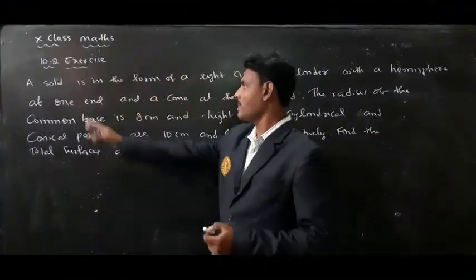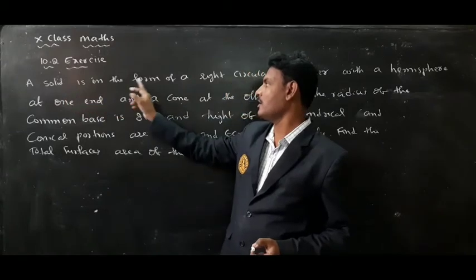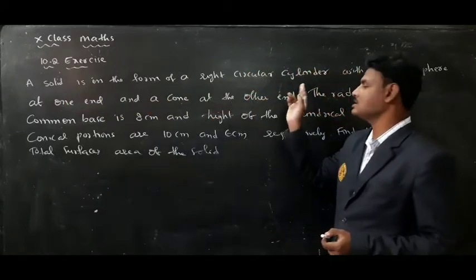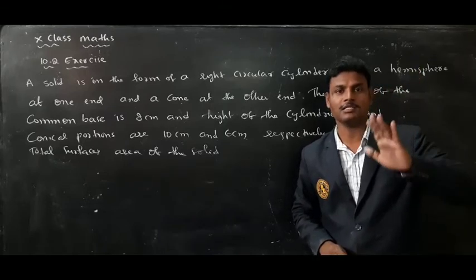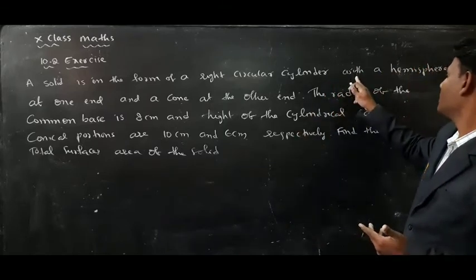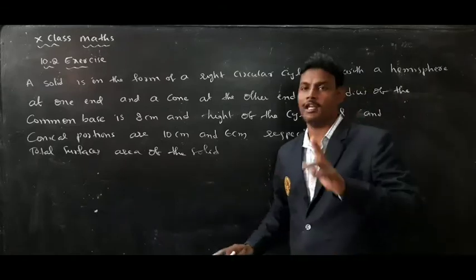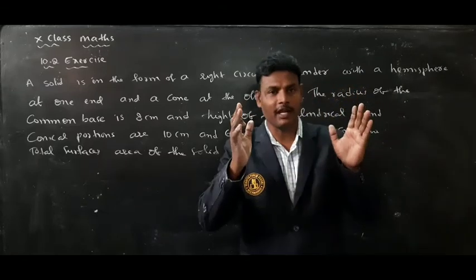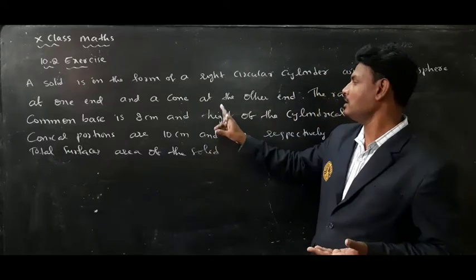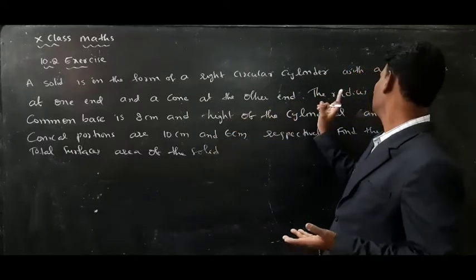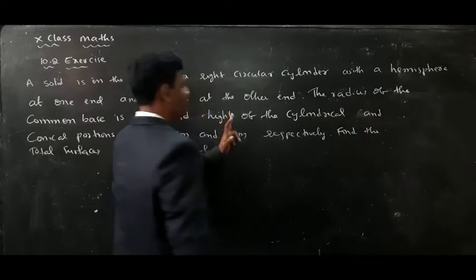Here is the question. A solid is in the form of a right circular cylinder with a hemisphere at one end and a cone at the other end.